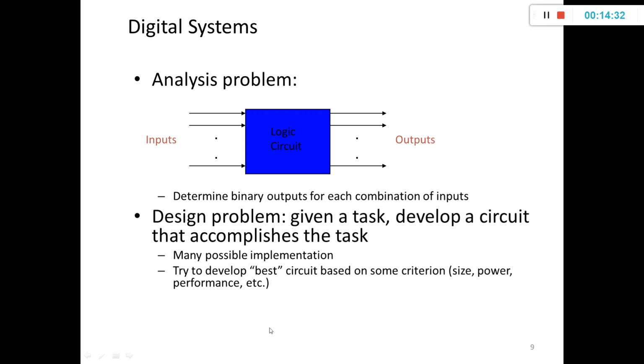Execution time should be less, power consumption should be less. Size means the number of gates you require to implement a circuit should be less. So this is what you should understand. You have to try to develop a skill which can implement the best circuit for the given problem definition. So this is about analyzing the problem.